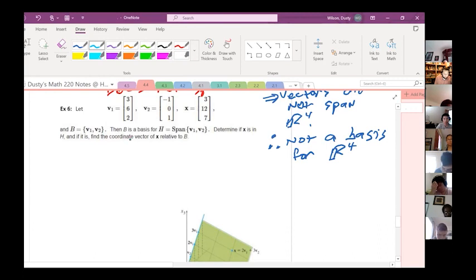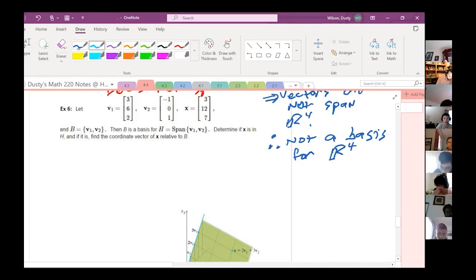So we know V1 and V2 are linearly independent. And so we would say that B is a basis for H, where H is the span of V1 and V2. Okay, so I want to determine if X is in H, and if it is, find the B coordinate of X. Let's start by doing this by row reducing.